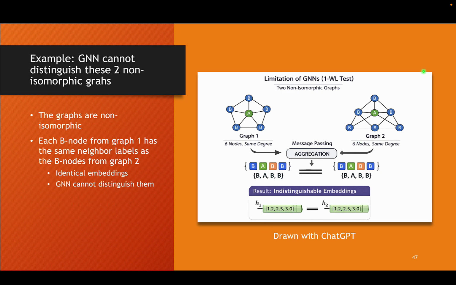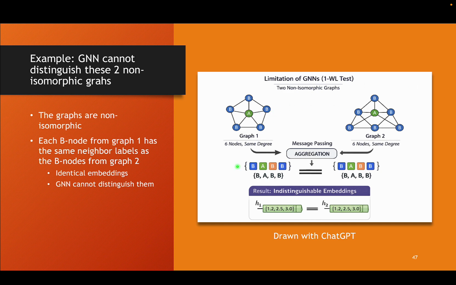So what I mean by that is if you have, for example, these two graphs which are non-isomorphic, but they consist of exactly the same kind of nodes, so 5 nodes that I'm labeling here with B and 1 node that I label with A. And moreover, these 6 nodes have the exact same degree in the two graphs.